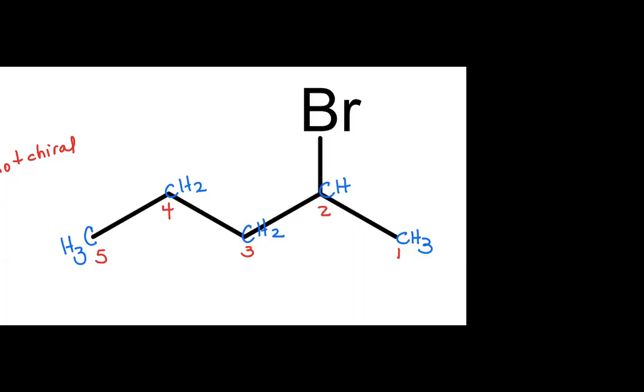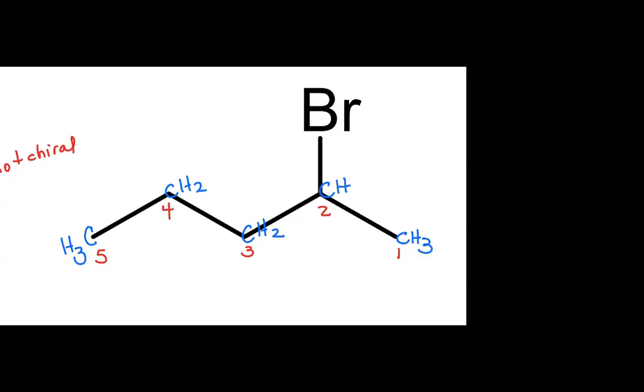So, as we just learned, carbon number 1 is a CH3 and is not chiral. Carbon numbers 3, 4, 5 are all not chiral. So again, 1, 3, 4, and 5 are not chiral carbons because they have 2 or more groups that are the same, in this case hydrogen.